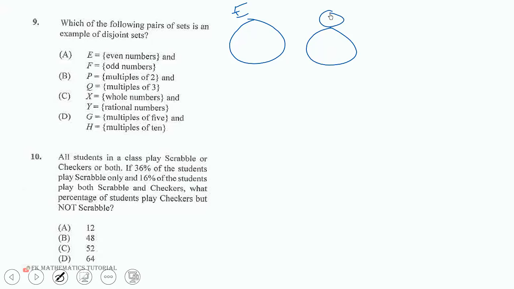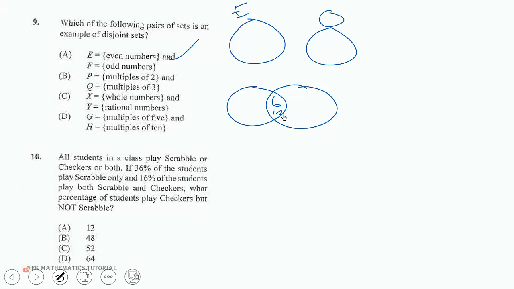Then that is correct. Multiples of 2 and multiples of 3 have a lot of elements in common. We have 6 being one of them, we have 12, and so on and so forth.